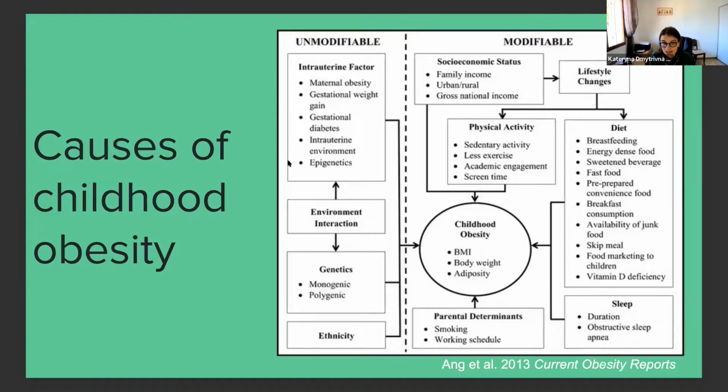And epigenetics, these modifications of DNA can frequently be an important factor in affecting childhood obesity during the intrauterine growth.